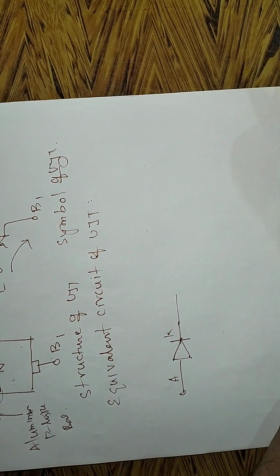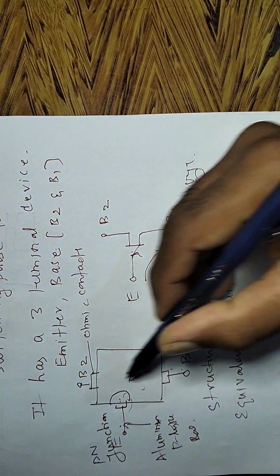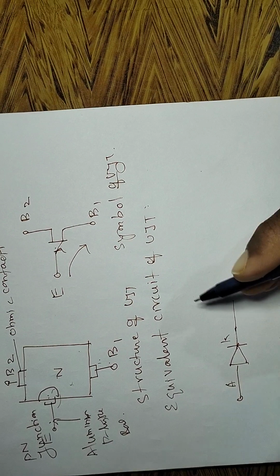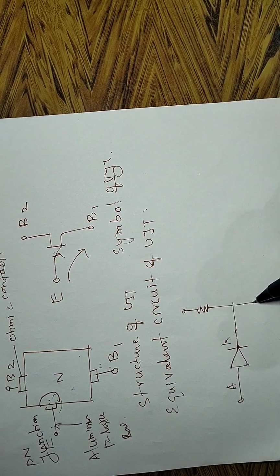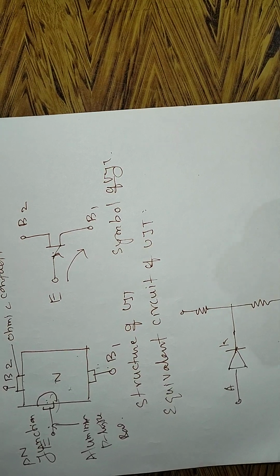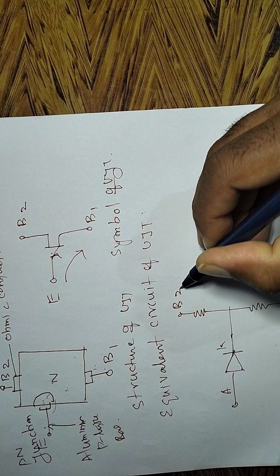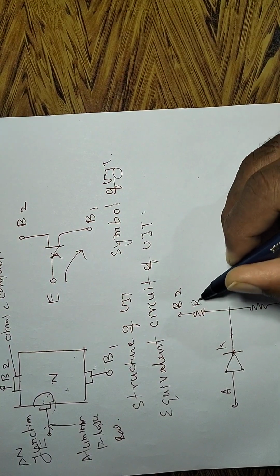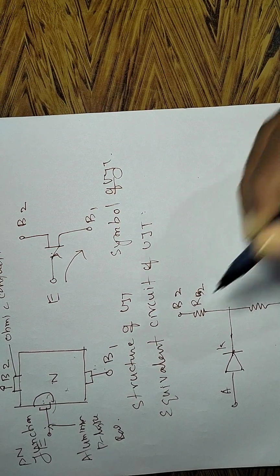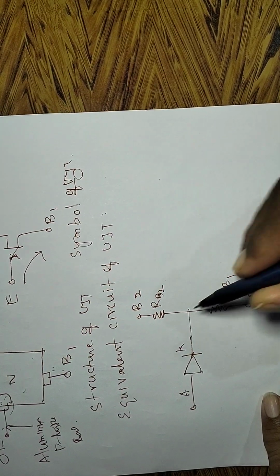Then the two ohmic contacts are nothing but resistances. One resistance is the base 1 region and the other is the base 2 region, that is RB2 and RB1.